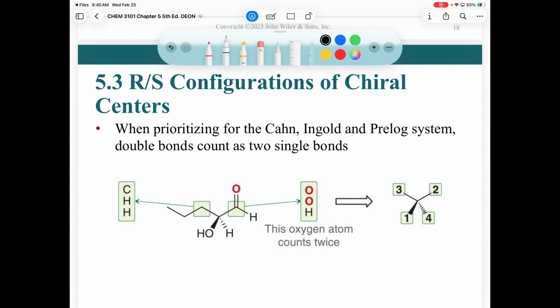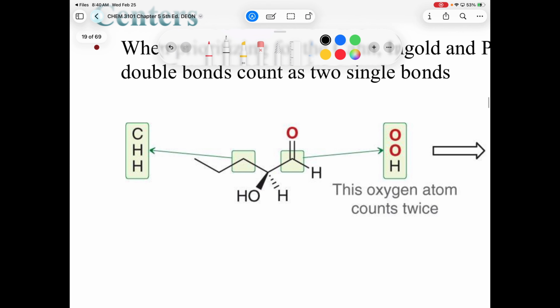Okay, the way you do it is double bonds count like 2 single bonds, and a triple bond counts like 3 single bonds, okay? So when you're making your laundry list, that's all you have to do. So if we go by this carbon here, obviously this oxygen is 1, this is 4, but if we look at this carbon here, it's attached to a carbon and 2 hydrogens, so C, H, H. But remember, each of the bonds in the double bond to oxygen counts as 1.